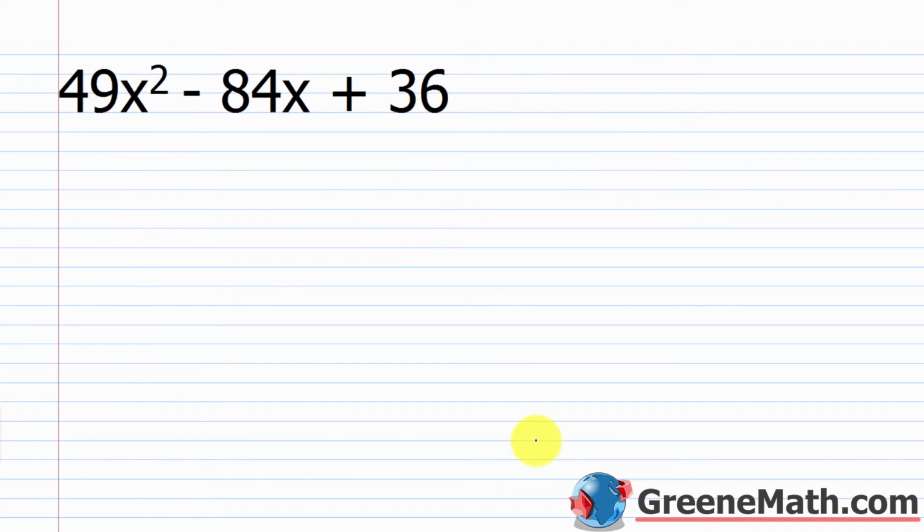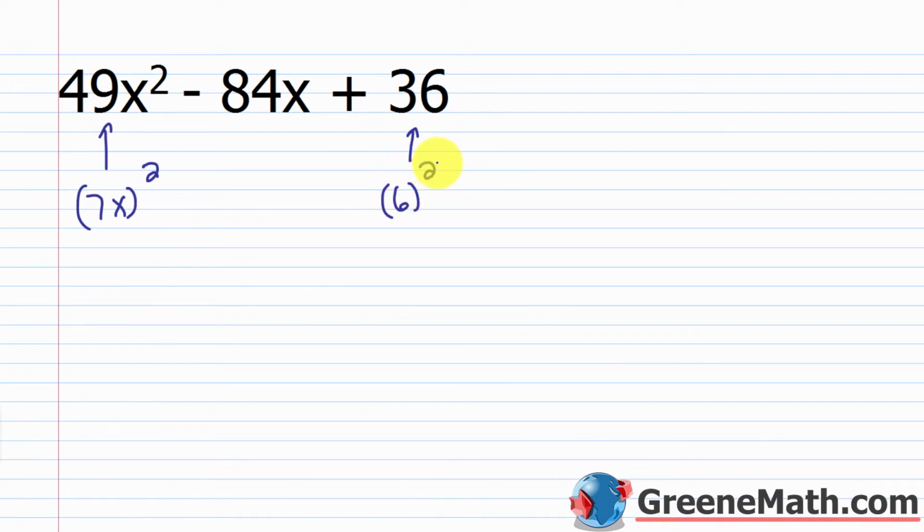All right, let's take a look at another one. So we have 49x squared minus 84x plus 36. So this one right here, you think about 49, that's 7 times 7. And then x squared is x squared. So we'll put 7x, that squared. And then for 36, we think about that as 6 squared, right, 6 times 6.